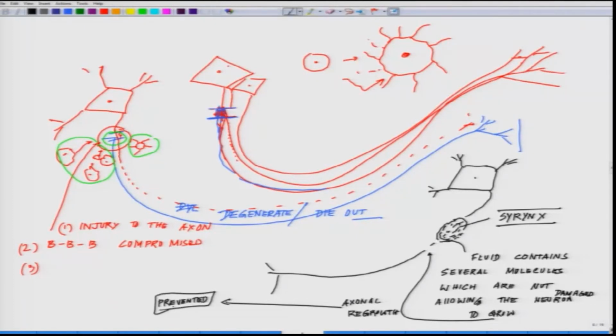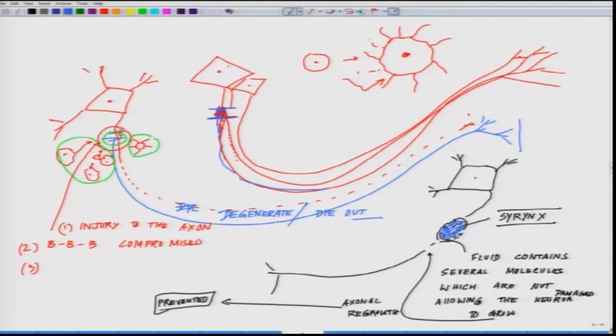Okay. So there are a series of such molecules which are present in this complex fluid. Let me shade it with blue out here. This is the structure called syrinx.